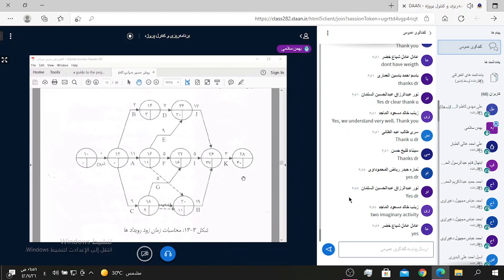At the end of the analysis, we have to find the CPM in this network.